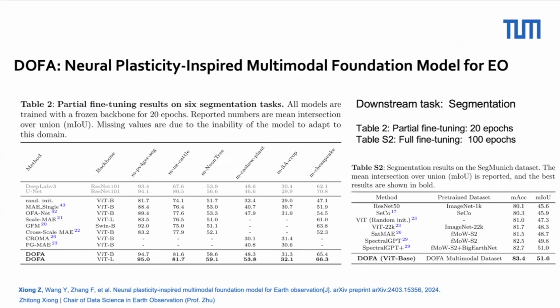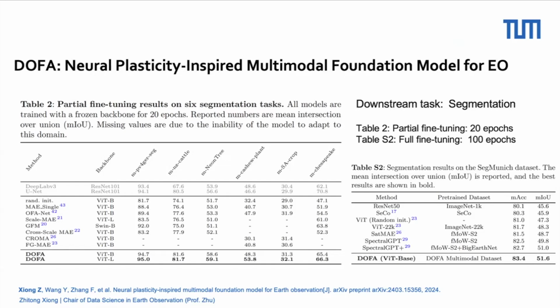And also on the semantic dataset, we conduct full fine-tuning here for 100 epochs, and it also outperforms existing state-of-the-art methods called SpectralGPT, if you know this work, or SpectralGPT Plus. Our method is much better.